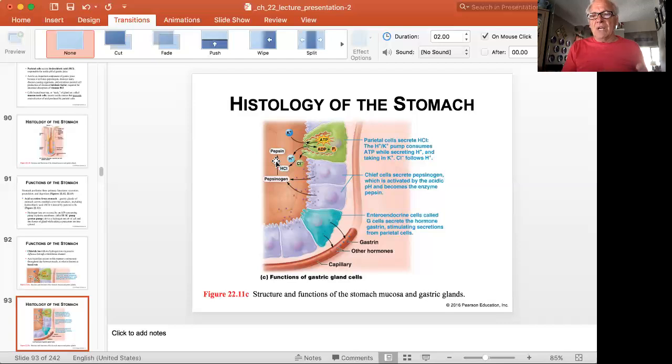Chloride follows the hydrogen, being negative charge. This forms hydrochloric acid. The chief cells secrete pepsinogen, which is the inactive form of pepsin. Hydrochloric acid will convert pepsinogen to pepsin, and pepsin is a digestive enzyme for proteins. Okay?